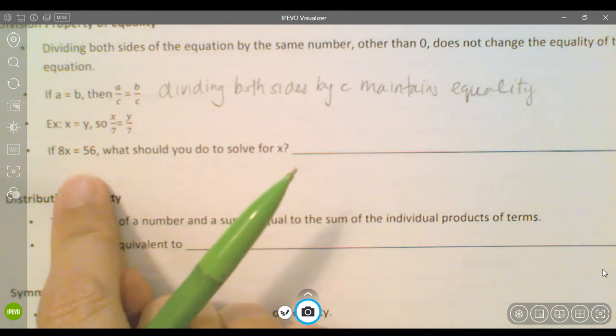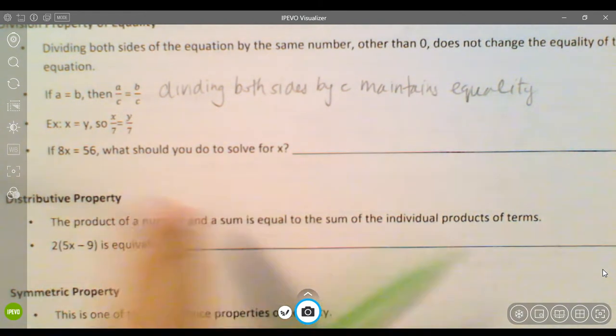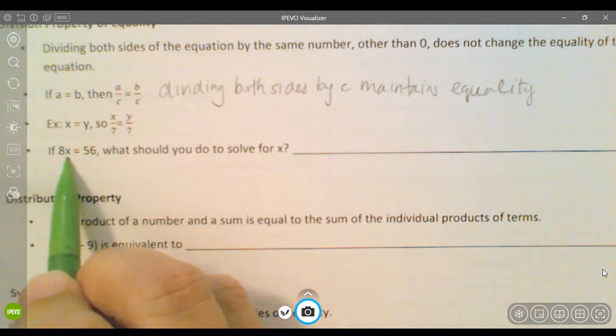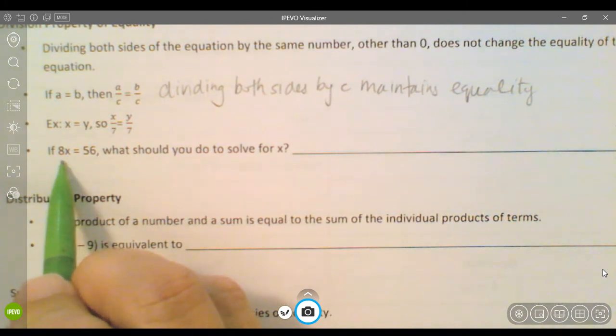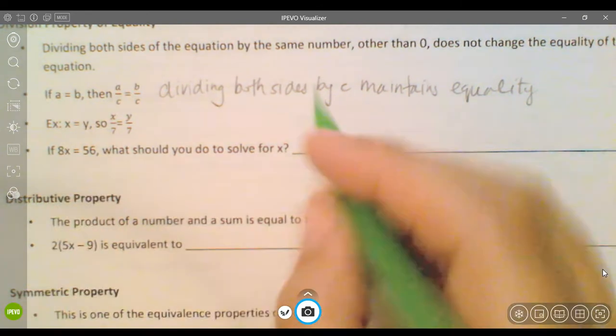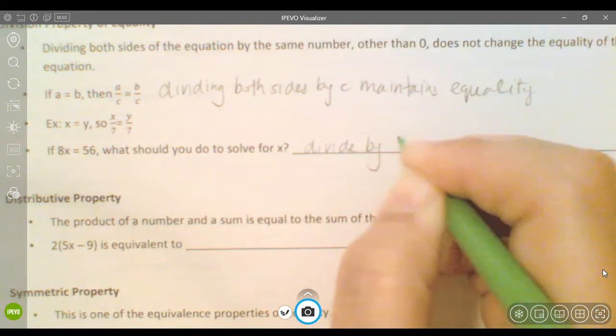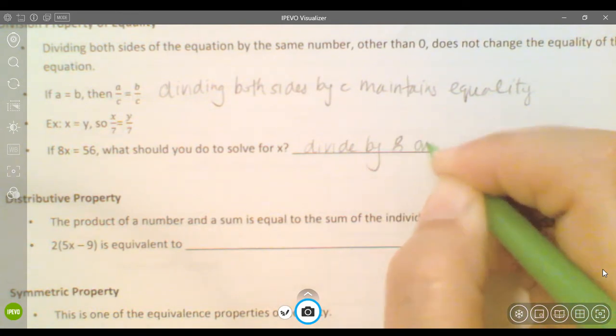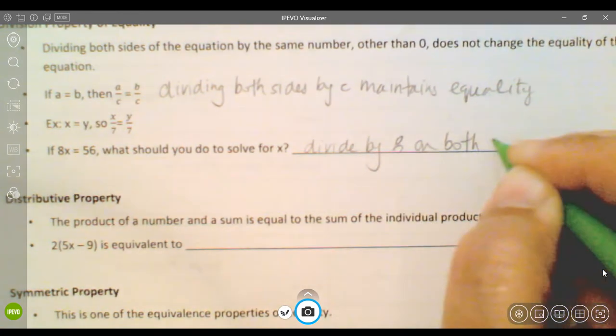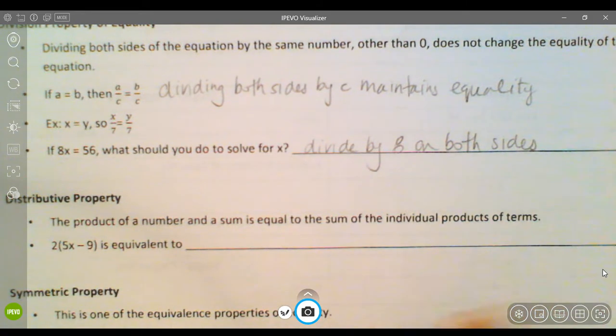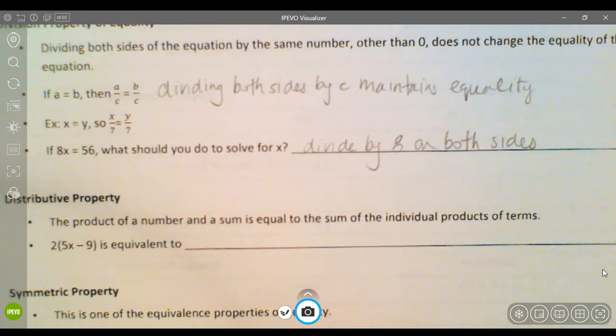If 8x equals 56, what should you do to solve for x? Look at the variable. The variable is x. What did they do to x? They multiplied by 8. So how do you undo multiplying by 8? You divide by 8 on both sides. I should have said divide both sides by 8, but you get the idea.